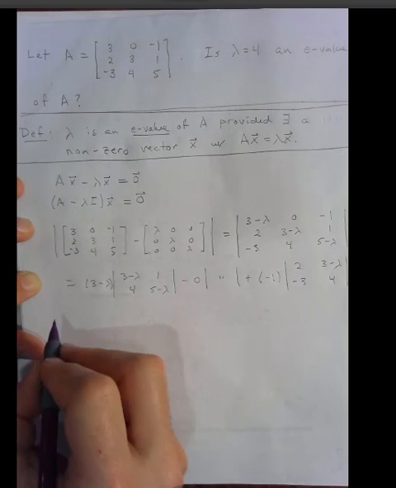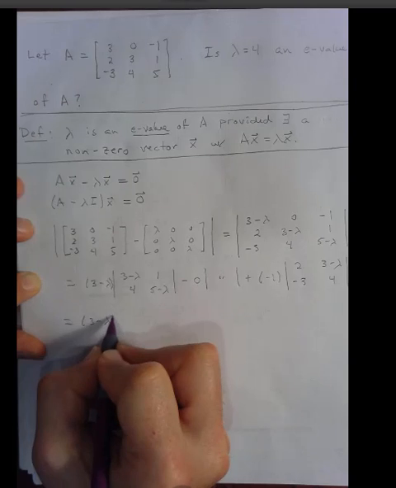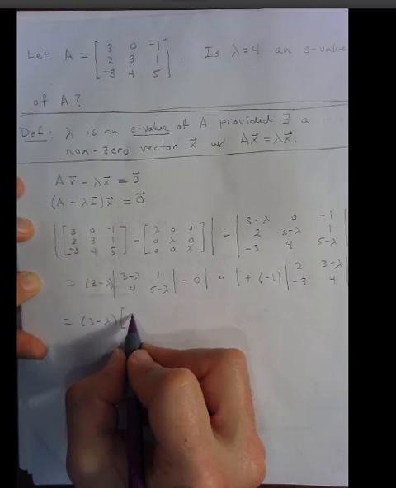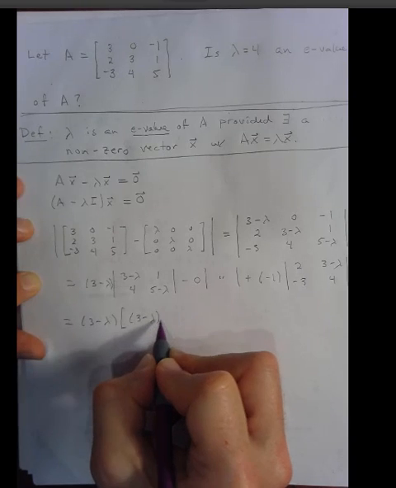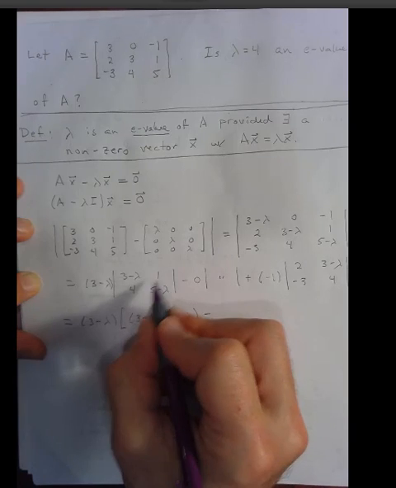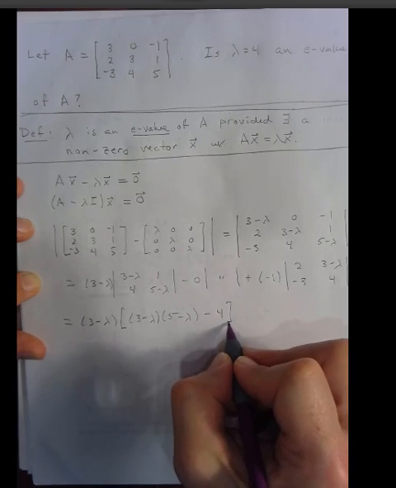Okay, so let's calculate this. So this is going to be 3 minus lambda. Here I'm going to get 3 minus lambda times 5 minus lambda minus 4. This is 0, so I don't care about it.